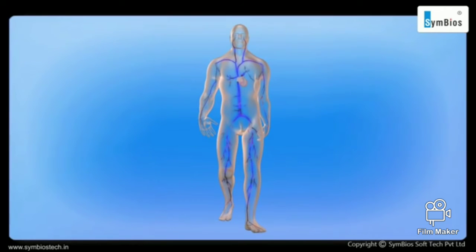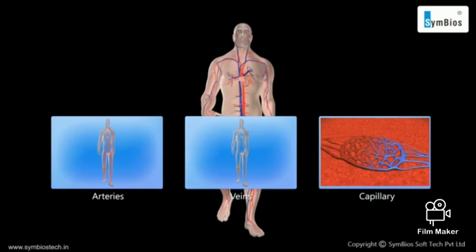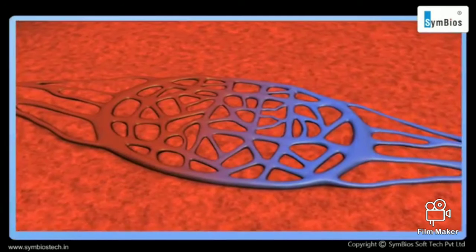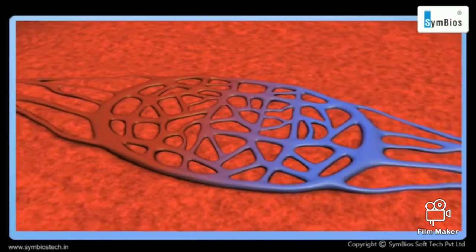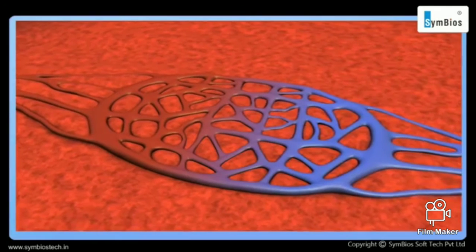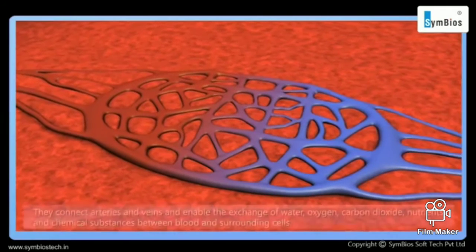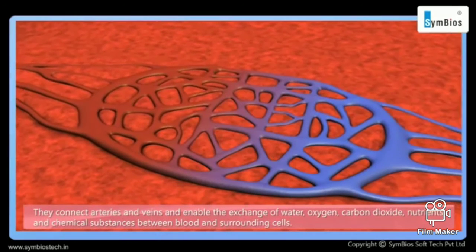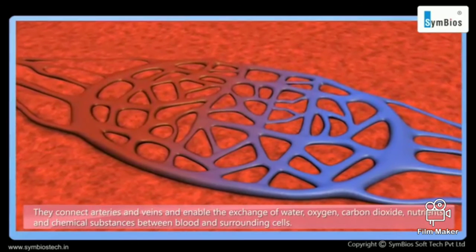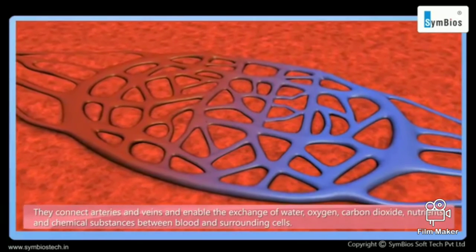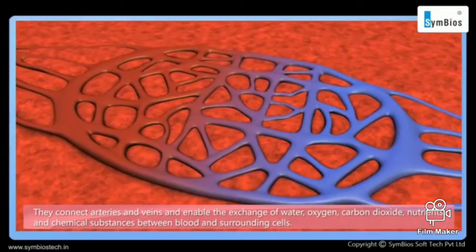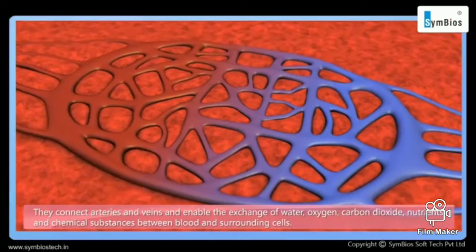Veins carry blood from the organs back to the heart. In most cases, this blood is deoxygenated. Capillaries are the smallest blood vessels with a thickness of only 1 cell. They connect arteries and veins and enable the exchange of water, oxygen, carbon dioxide, nutrients, and chemical substances between blood and surrounding cells.